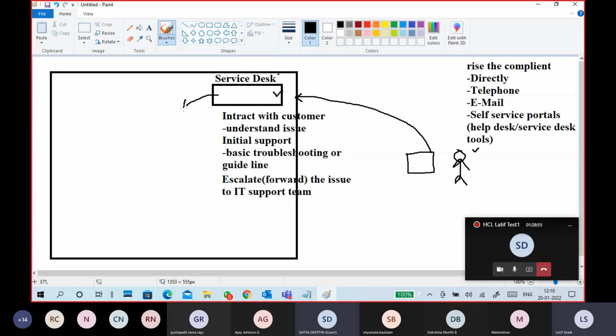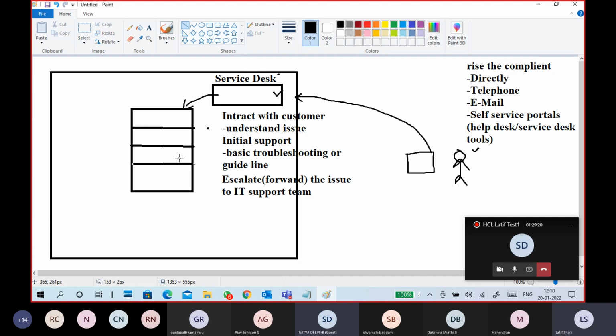When you forward this to a particular team, there are different sets of teams. Some teams are also part of the service desk. I'm a server engineer, but I'm related to the service desk, alongside network engineers and desktop support engineers. Different types of roles are there.